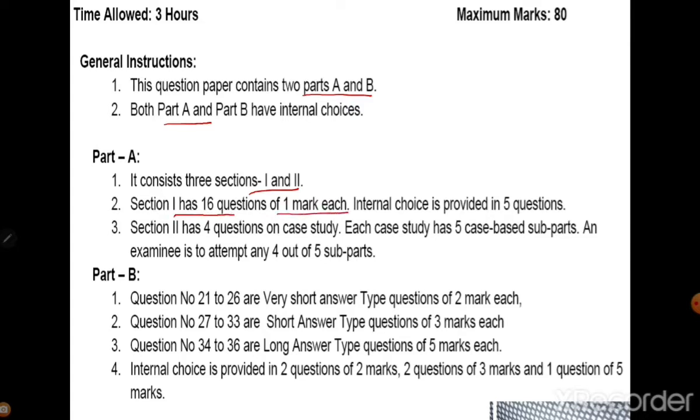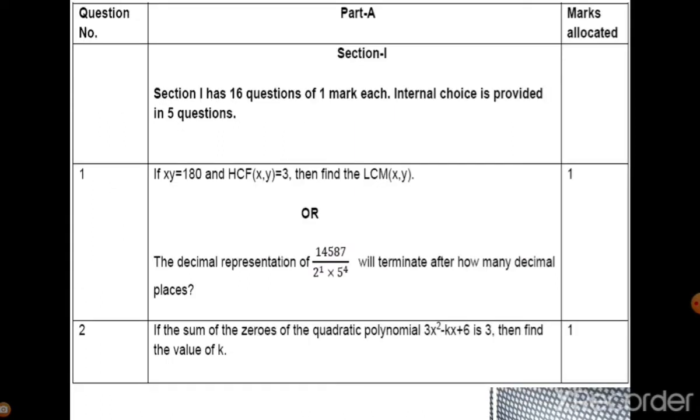In section 2 there are 4 case study questions, and under each question there are 5 subparts, and you have to solve only 4 out of 5. Here in section 1 there are 16 questions, in which 5 questions have internal choices. So let's start our first section, that is section 1 of part A.